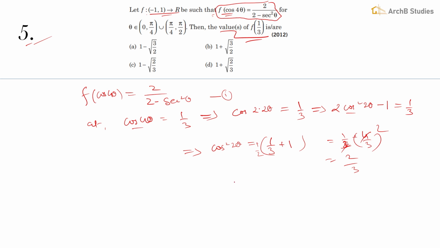Okay, cos 2 theta will be plus minus root of 2 by 3. Second equation.